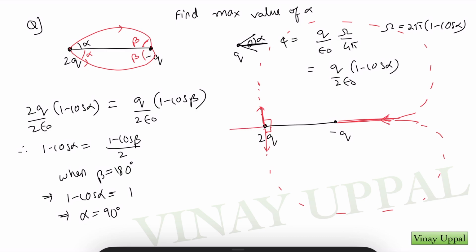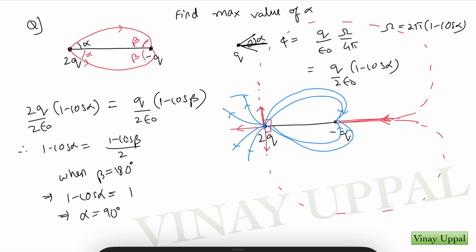And the other field lines to the right of this 2q will be going into minus q. And these field lines will of course never reach minus q. So I hope you've understood how we plotted the field lines for 2q and minus q where the magnitude of the charges were not equal.